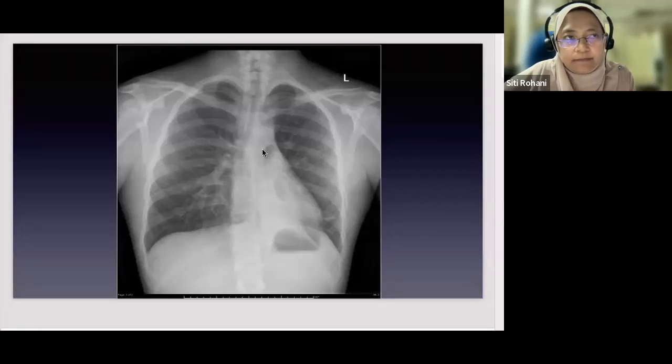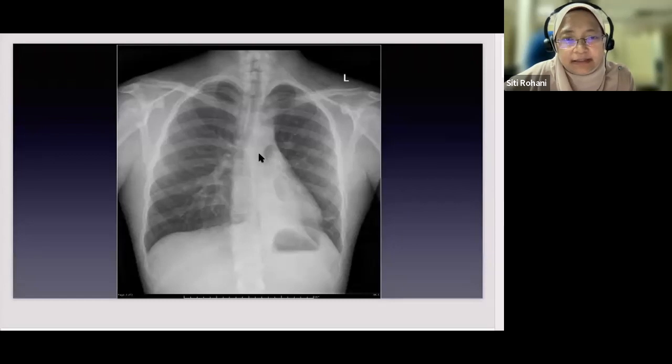So in this region, you don't see the aortic knuckle, right? You don't see the lines of the aortic knuckle. So this lucency is caused by air in the mediastinum circling around the aortic arch. So this is pneumomediastinum.